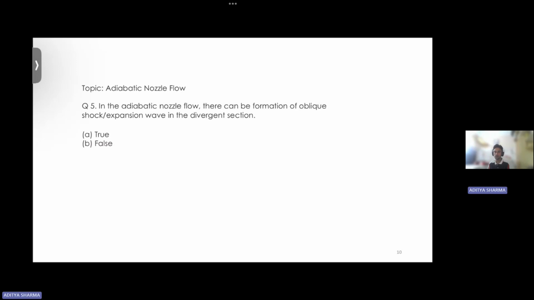If we have a concave corner, we see an oblique shock, and in case there is a convex corner, we obtain an expansion wave, or a series of expansion waves. But in the nozzle, in the divergent section, we don't see any such thing. So this statement is false.